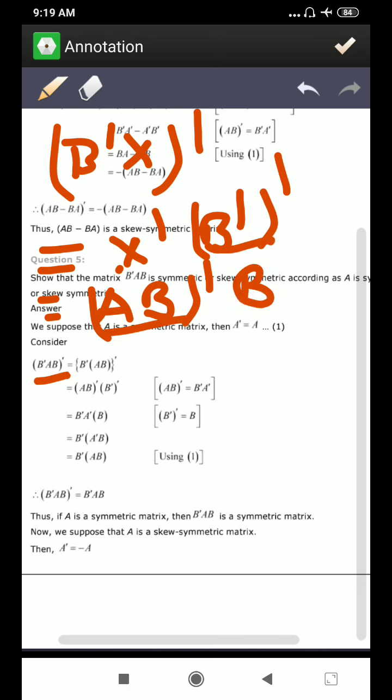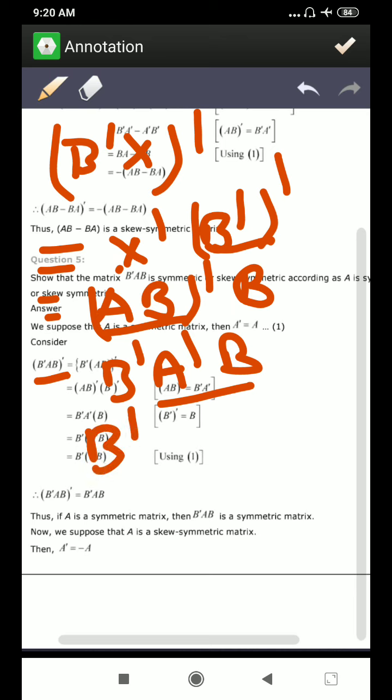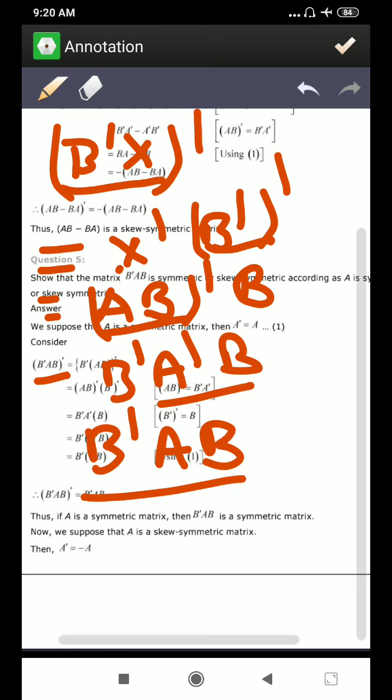AB whole transpose will become B transpose into A transpose into B only. You take this in one bracket, or you simply replace A transpose by A. So you will get B transpose into AB. When A transpose is given equal to A, you get B transpose into AB. So we are taking the transpose of B transpose into AB, and we are getting the same thing. So you can say it is a symmetric matrix.